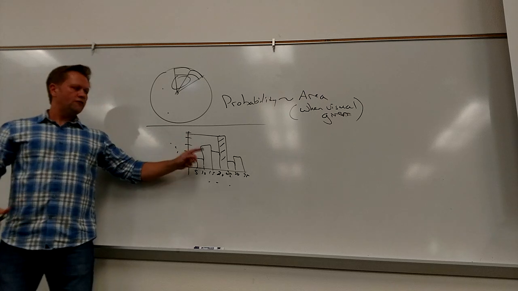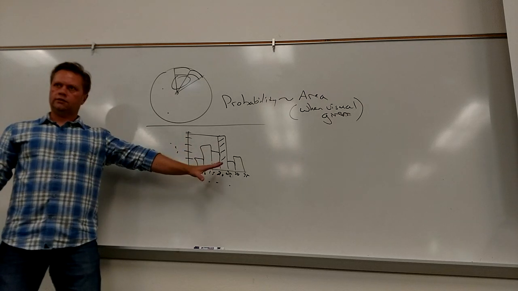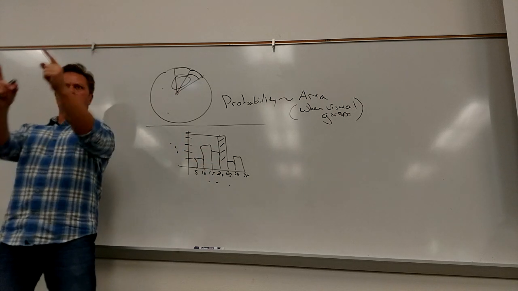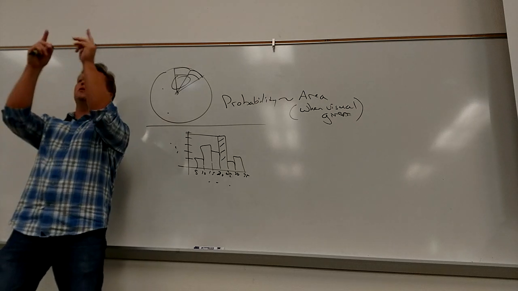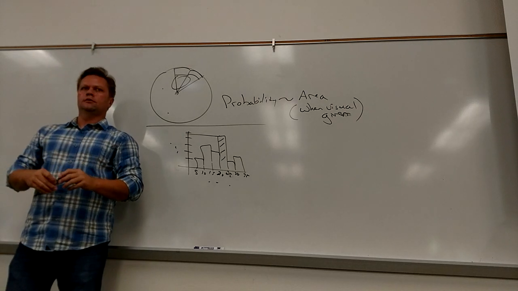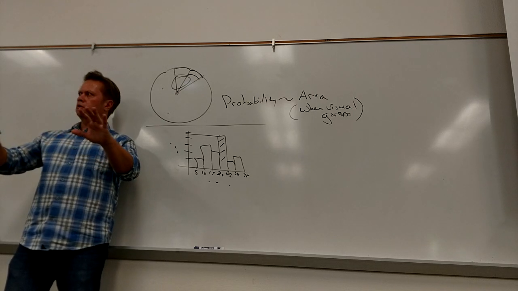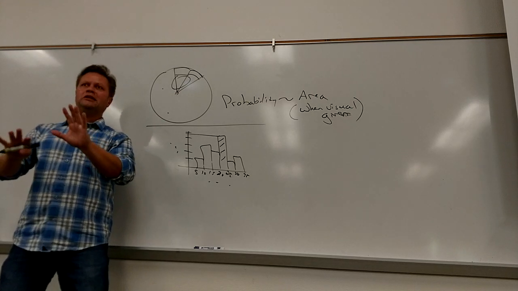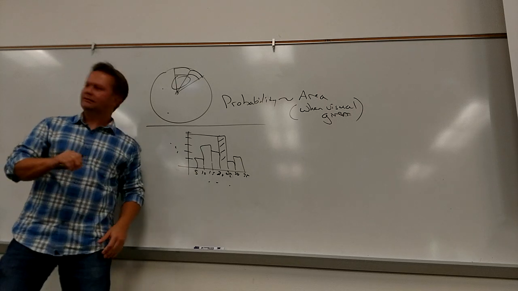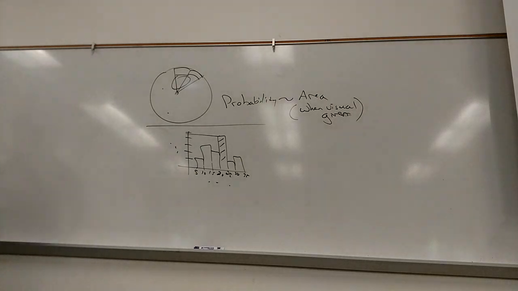So when I'm given a visual of the probabilities, the probability of a little piece of it is related to the area of that piece. Okay. I like it. So far, how are we doing? This is sort of hard to believe, but it's actually exactly the idea.